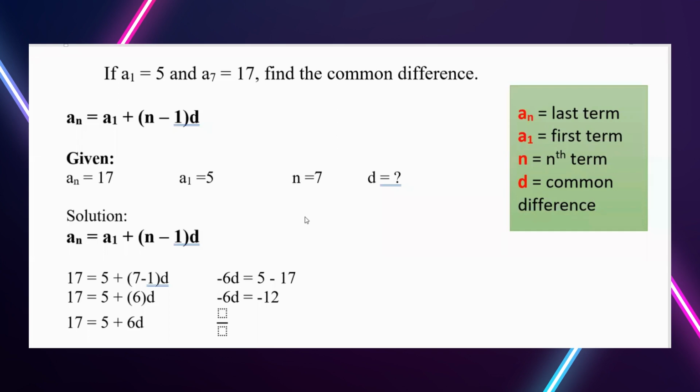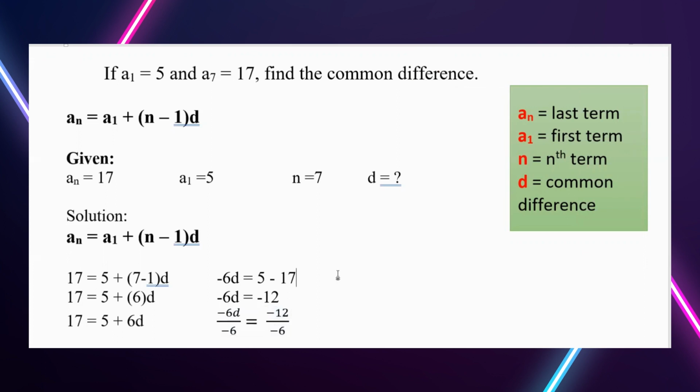To remove the numerical coefficient of the variable d on the left side of the equation, we have to divide both sides by negative 6. So negative 6d divided by negative 6 is equal to negative 12 divided by negative 6.